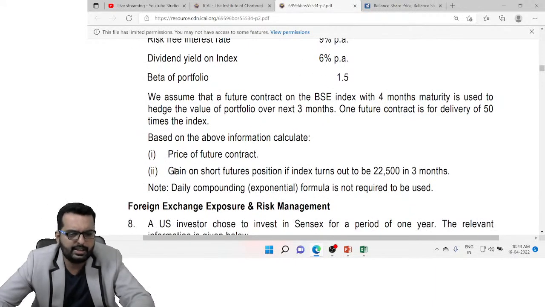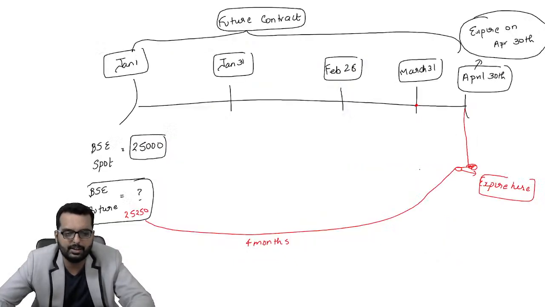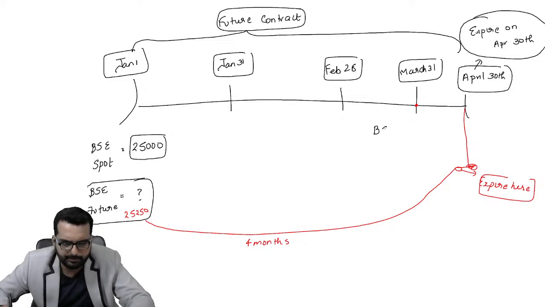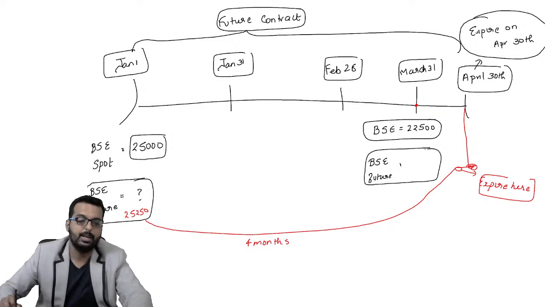Gain on the short futures position if the index turns out to be 22,500 in 3 months. So I'll write down over here, BSE over here turns out to be 22,500. So in that case, can I find out what will be the BSE future over here? Okay. Now everybody interact with me.